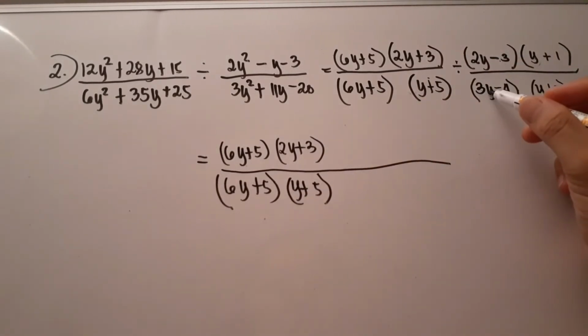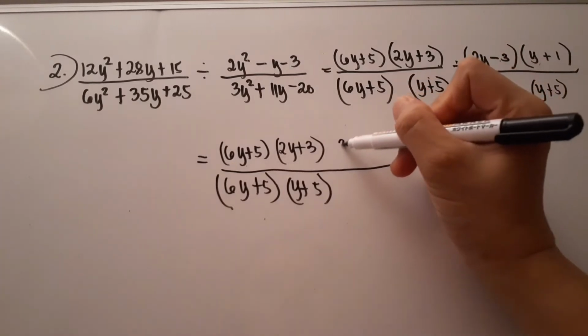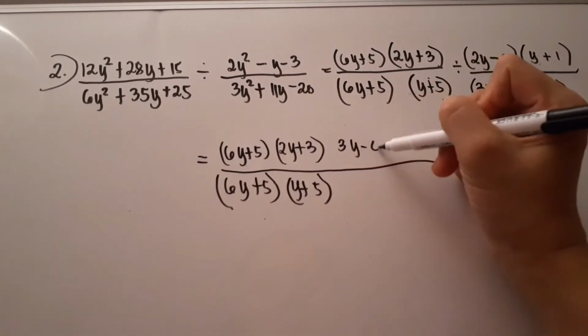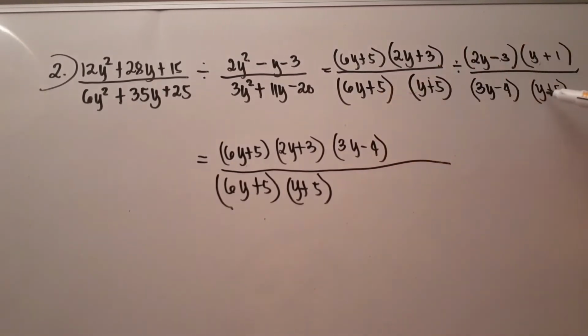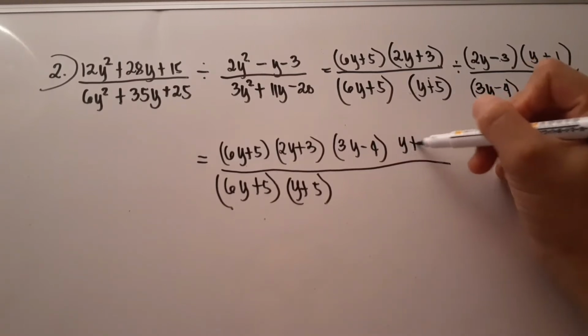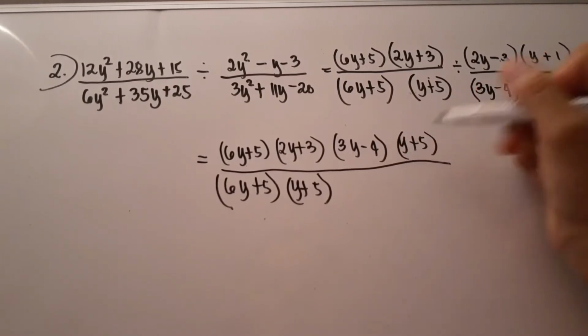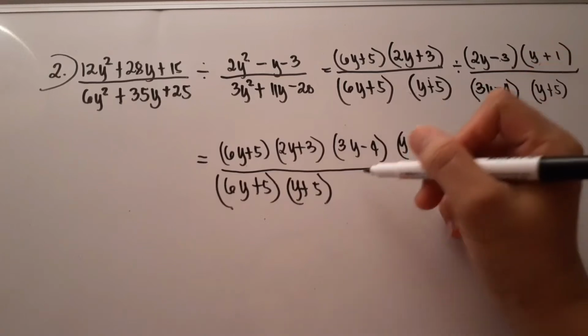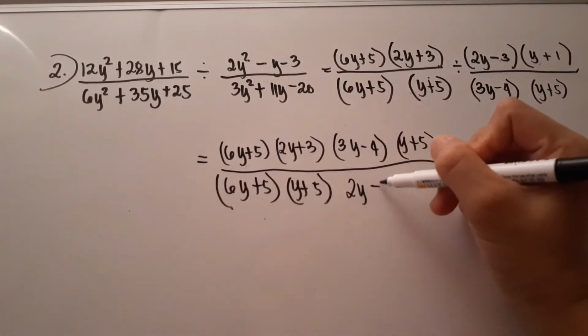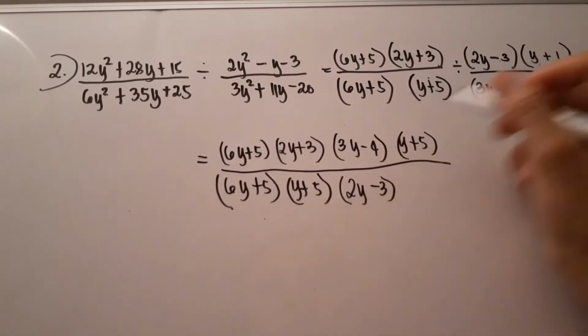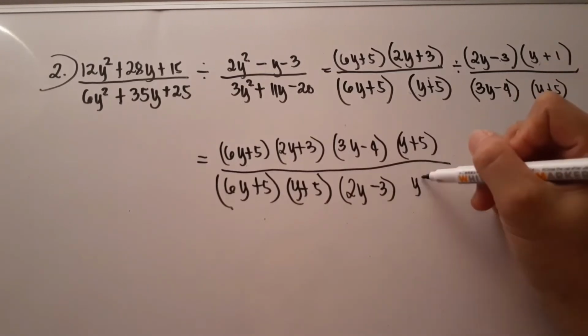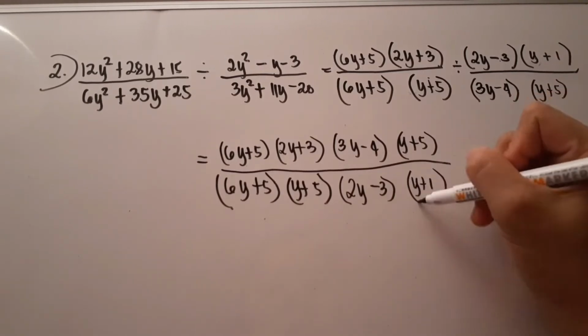Then this one becomes the numerator, so we have 3y negative 4, flipped up, then y positive 5. Then 2y negative 3 will be our denominator, and y positive 1.